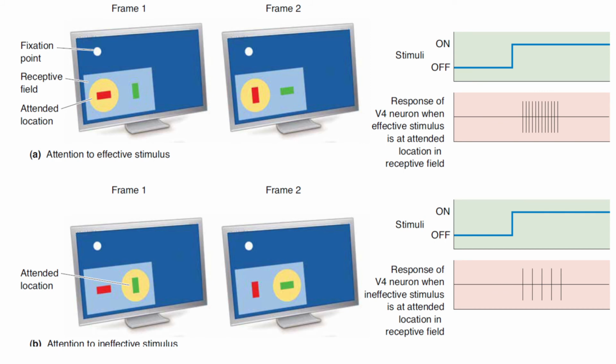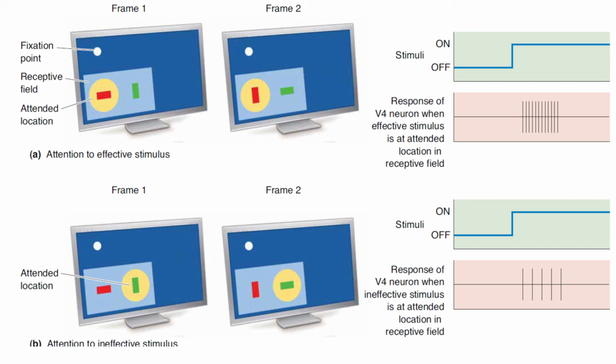Then we change to this other experiment, which is also with monkeys. And here what's happening is the monkey also has to fixate, to look at that white spot, white point on the screen.